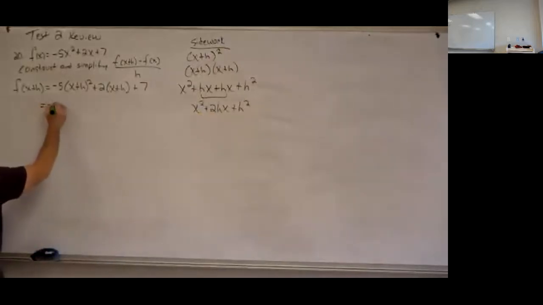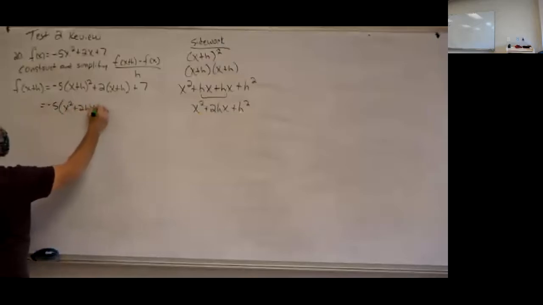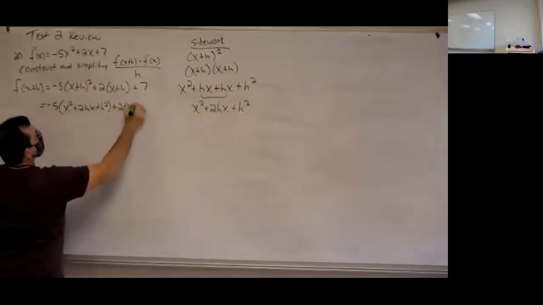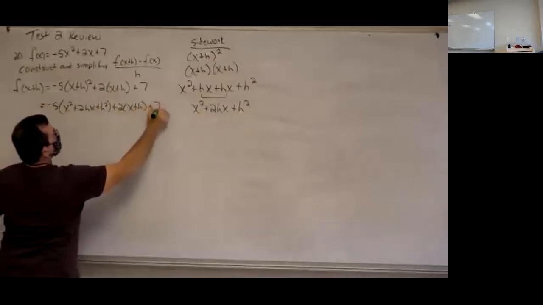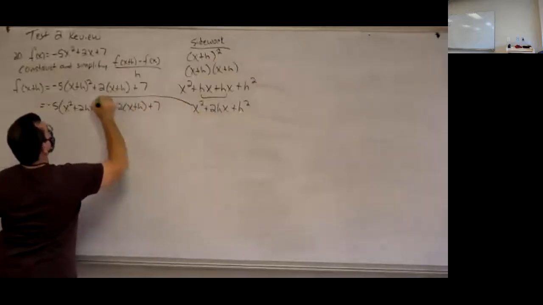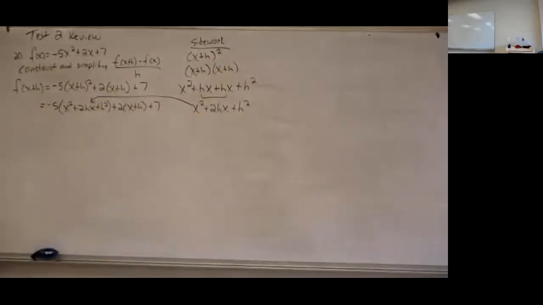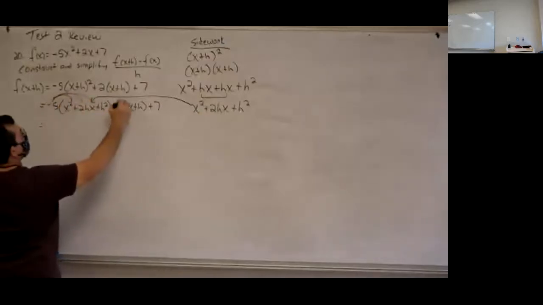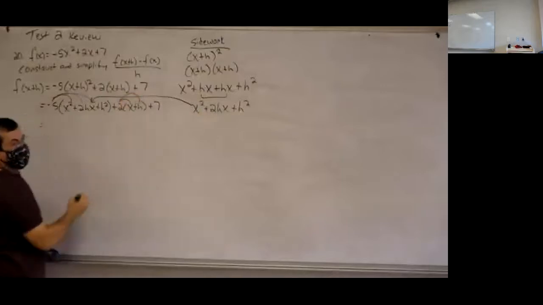So now I'm going to plug it in. Negative 5 times x squared plus 2hx plus h squared plus 2 times my x plus h plus 7. So all I did with that was replace it in there, okay? Next, I'm going to distribute a -5 right here and a +2 right there.